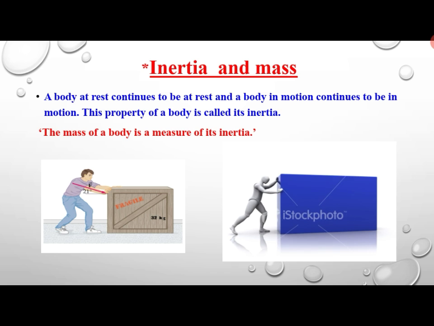If we consider another case, in this case the weight of the person is less and the size or mass of the object is more. So in this case more force is required to make this object move. So hence, the mass of a body is the measure of its inertia.